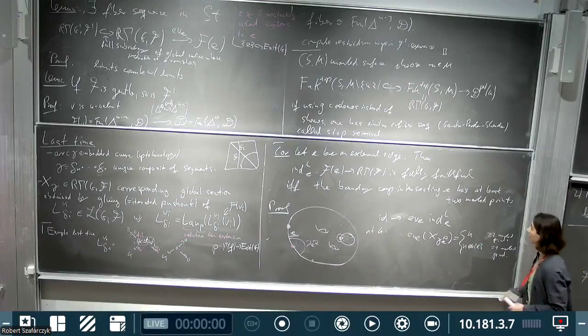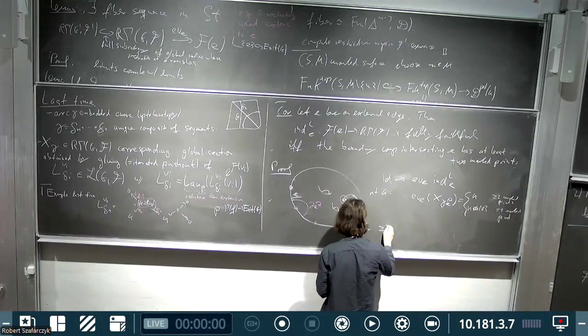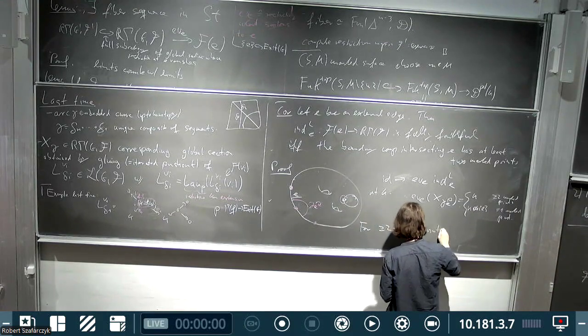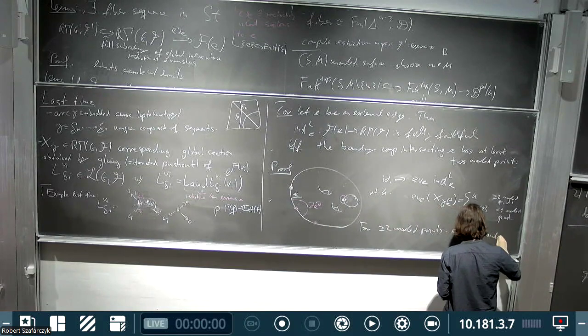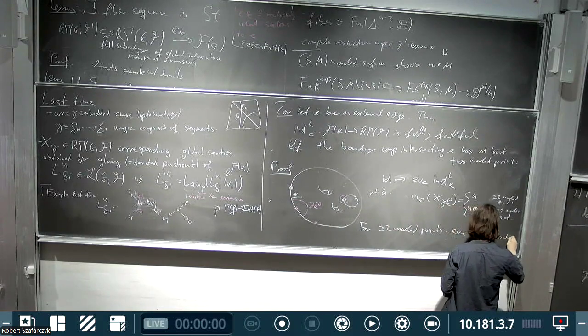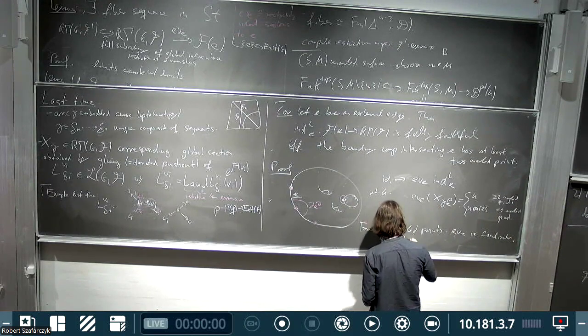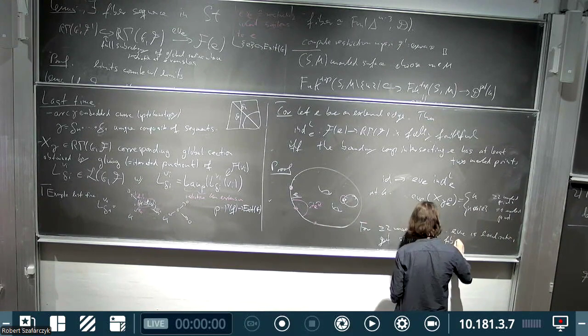So for greater or equal than 2 marked points, evaluation is a localization, and we get stop removal, a fiber and co-fiber sequence.